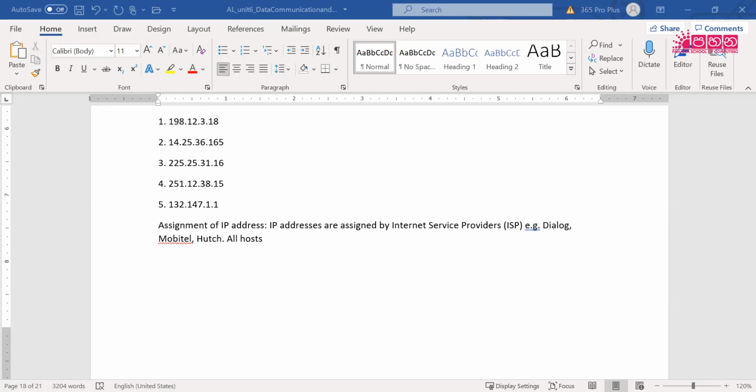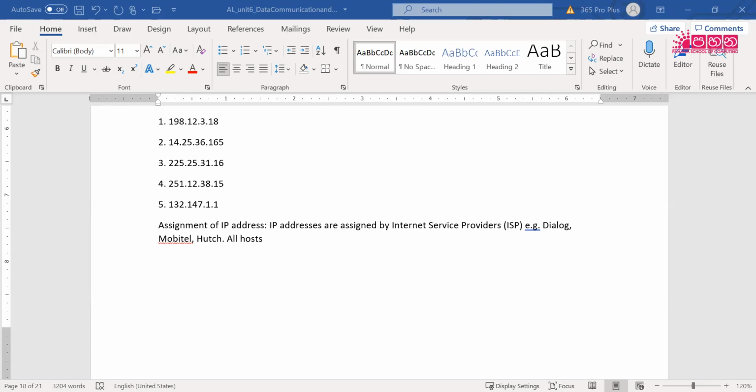A host means a device which can receive and also contact other devices. For example, if you take an email server, in an email server we can both receive and send emails. So we can use this as a host. So usually we say hosts.